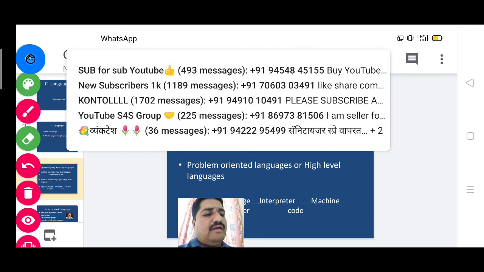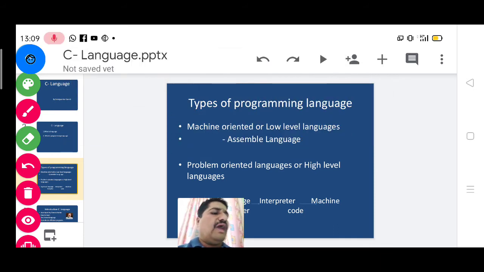And then the program written in assembly language cannot be directly understood by the computer. It is translated into the machine code by a program called an assembler.